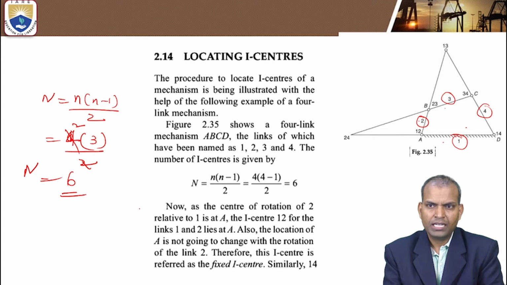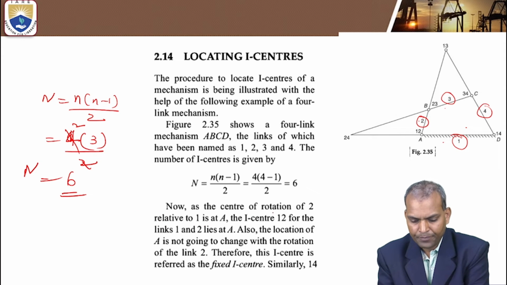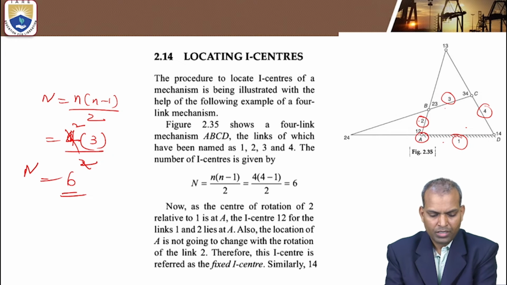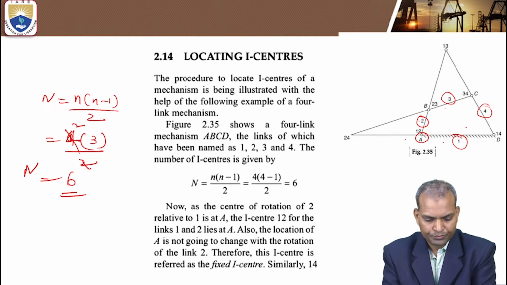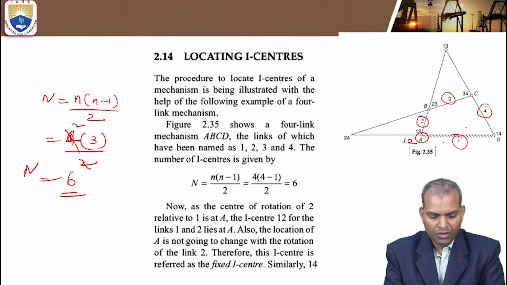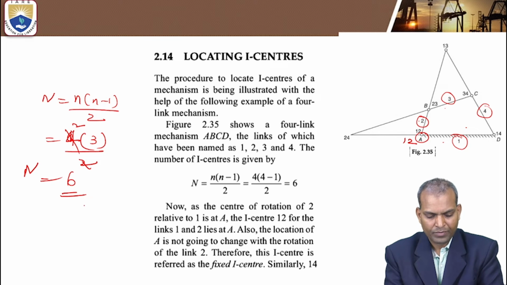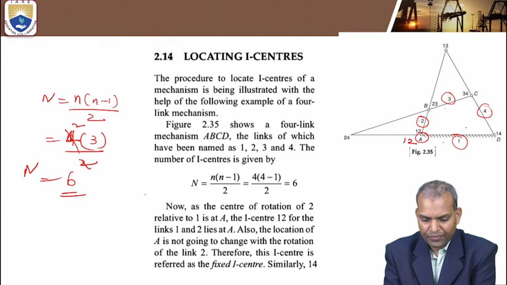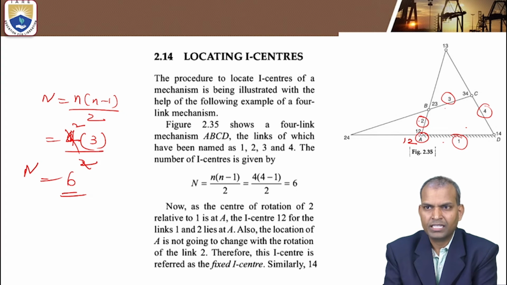Now, the center of rotation of 2 relative to 1 is at A, that is 1, 2, for links 1 and 2. And the location of A is not going to change in spite of the rotation of link 2 with respect to link 1. This instantaneous center is referred to as a fixed instantaneous center.